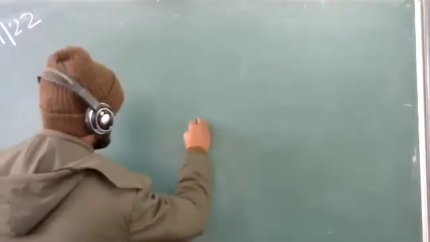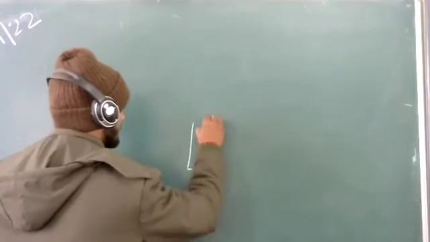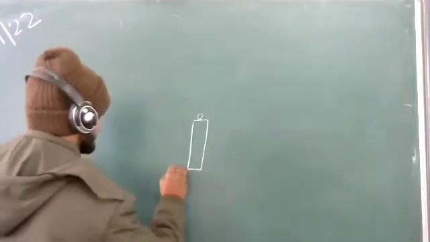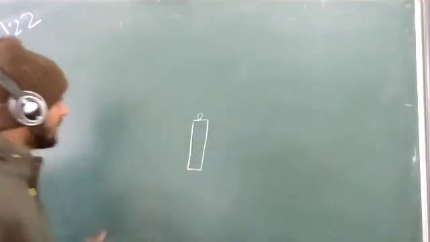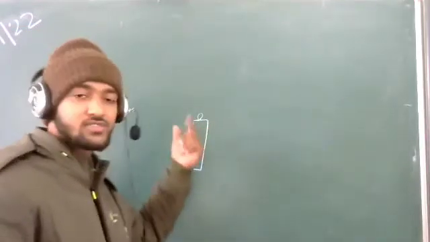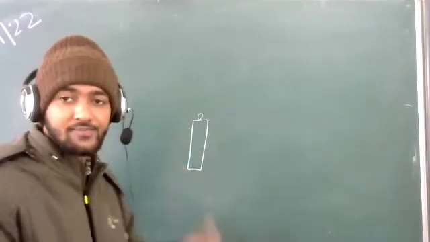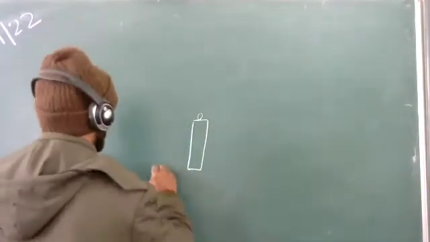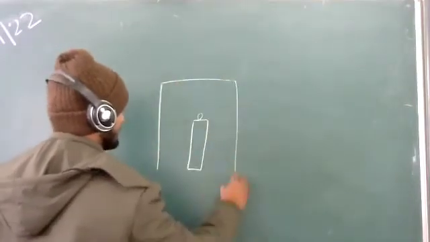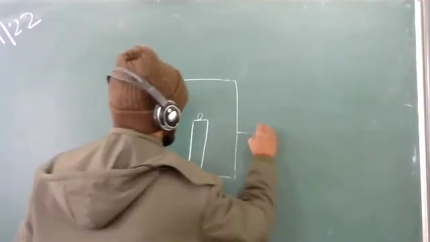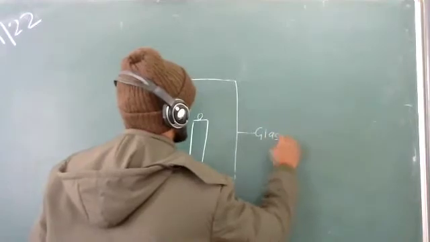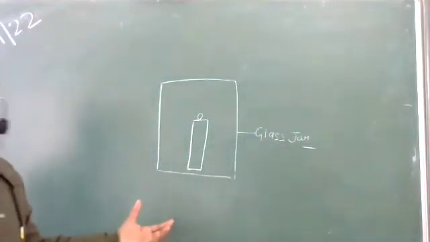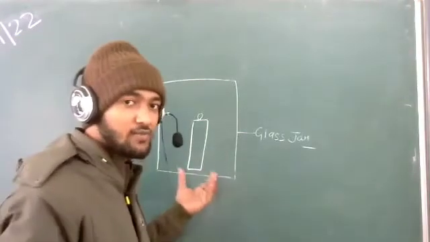We have to take a candle and light the candle with matchsticks or any lighter. Then we have to cover it with a glass jar. You will observe after a few seconds, the candle will extinguish, meaning it will go off.